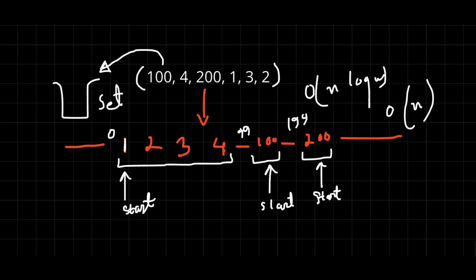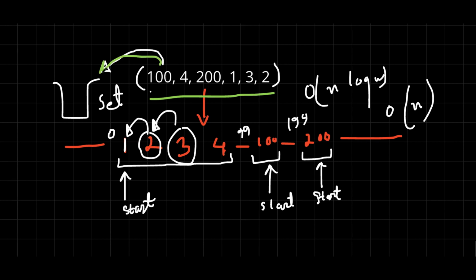Now suppose the element 3 cannot become the starting position of any sequence because it has the previous element 2 already present here. Similarly, element 2 cannot become one of the starting positions of a sequence because element 1 is present here. So now the algorithm is pretty simple. At first, we have to insert all of the array elements into the set.